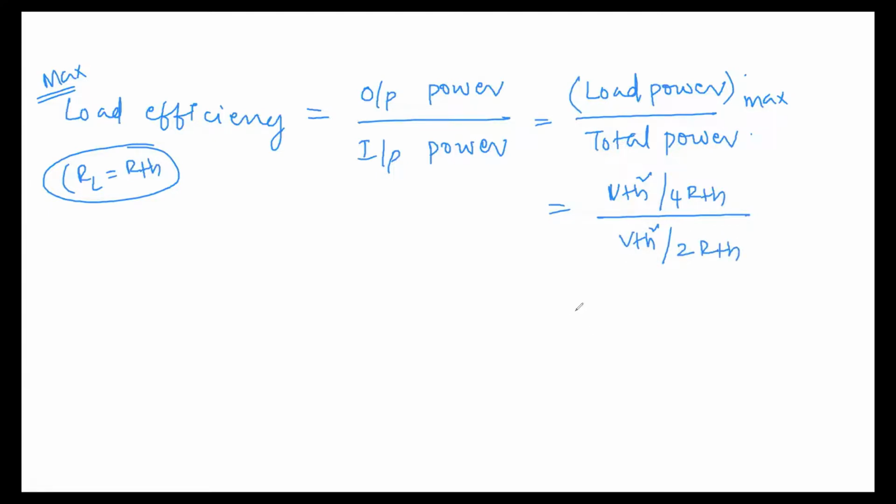Now tell me what you are getting. 0.5, sir. Yes, 1 by 2 or 0.5. This is load efficiency, but to get percentage load efficiency you multiply by 100. 0.5 into 100 gives 50%.